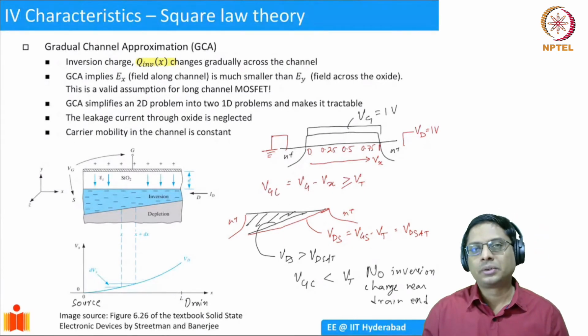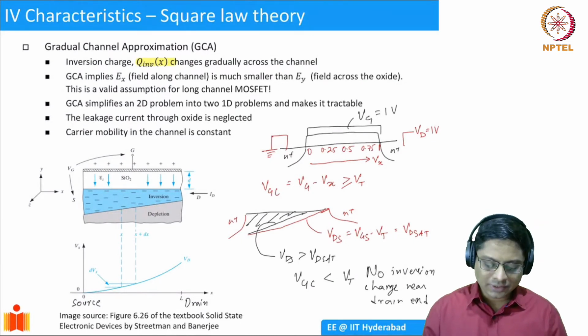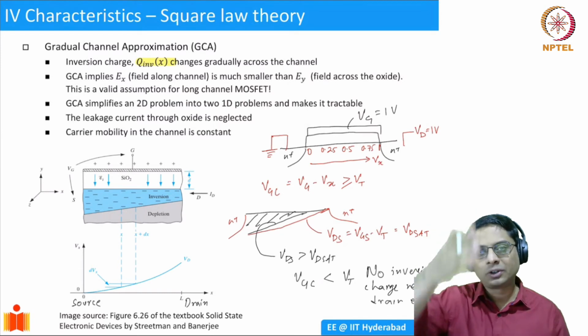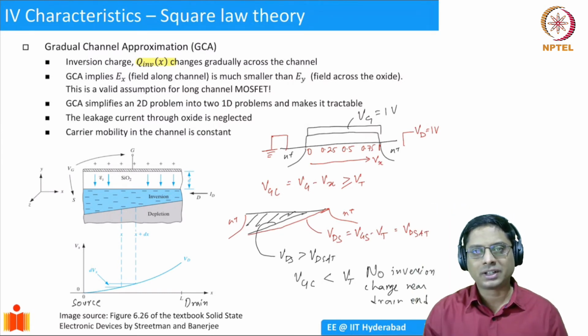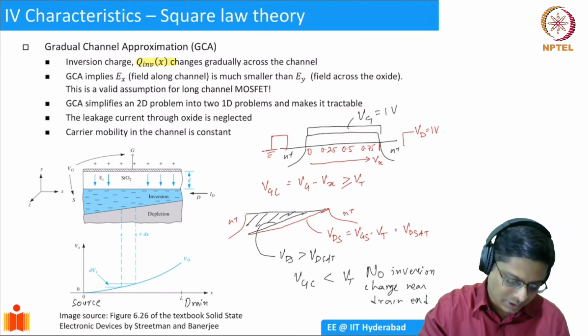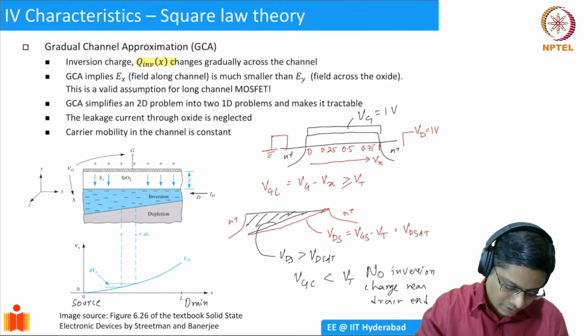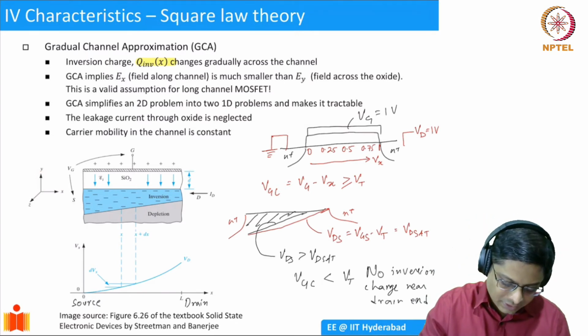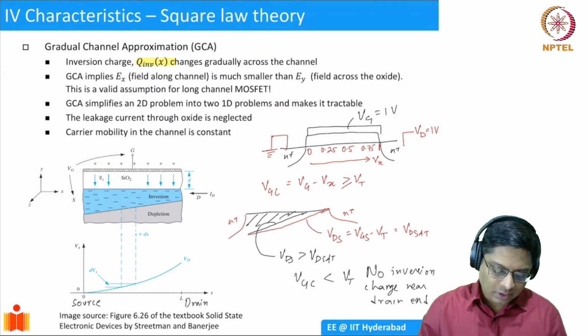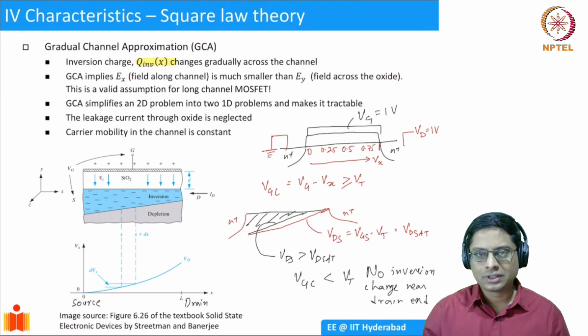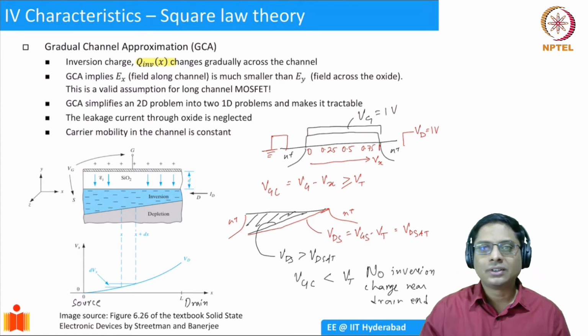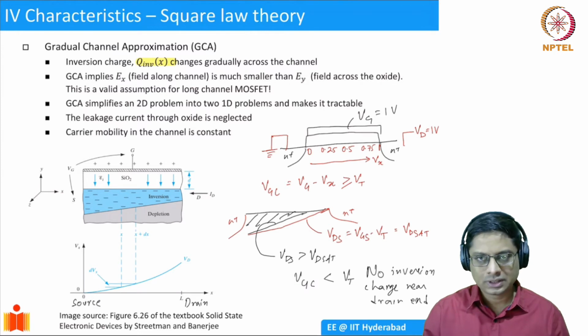Also, this is kind of subtle, but it assumes that the gate voltage in the normal direction, that is from the gate through the oxide to the semiconductor, the Y direction, depicted here, and this is the X direction along the channel. What it tells you is that in the Y direction, the field from the gate voltage is much stronger than the field across the channel.